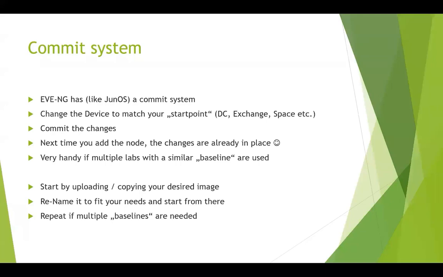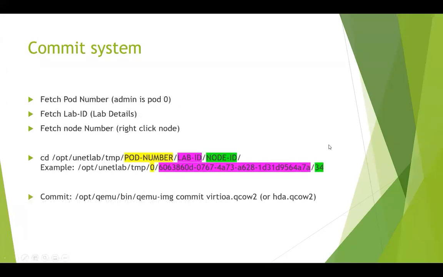And if you have multiple baselines, you simply repeat this step. And like I said, if you're starting with a blank Windows server, you don't need to upload it 5 times. You upload it once. You can then simply copy it and then start baselining all these images and later simply commit them.